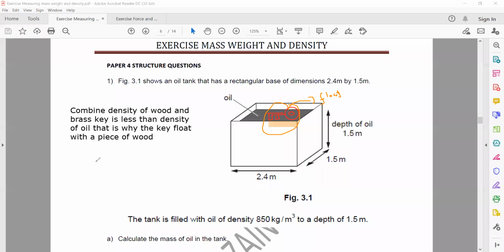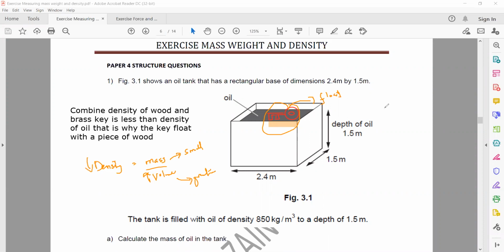The formula for density: density is mass present in unit volume. So when the key is joined with a piece of wood, the mass will also increase and the volume will also increase, but the increase in mass will be small, while the increase in volume will be greater. As the volume increases greater, the density will decrease.